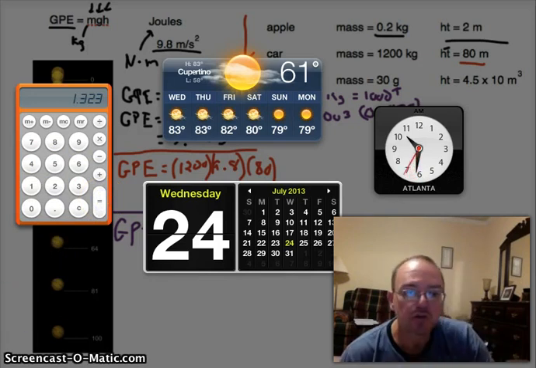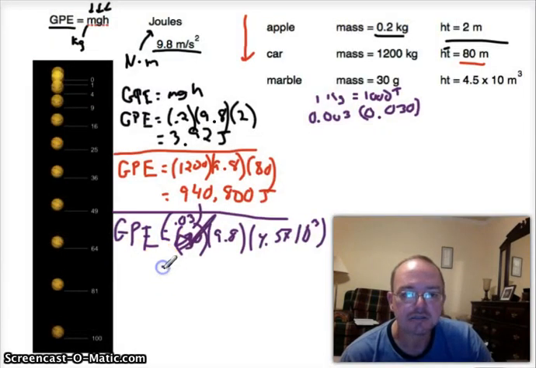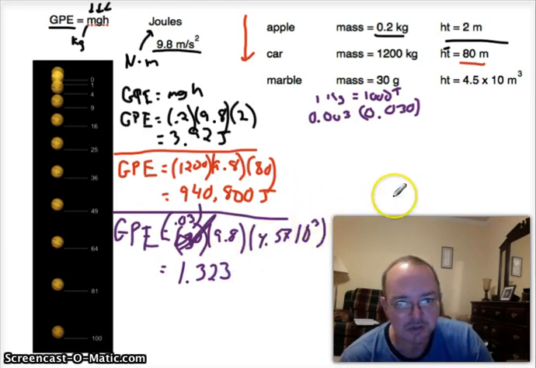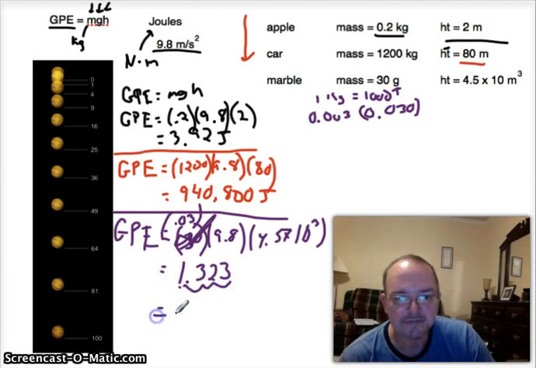That gives 1.323. Now since we have times 10 to the third, we have to move the decimal over 3 places, which looks pretty darn easy from here. Got this decimal: 1, 2, 3. So that made it easy for us.